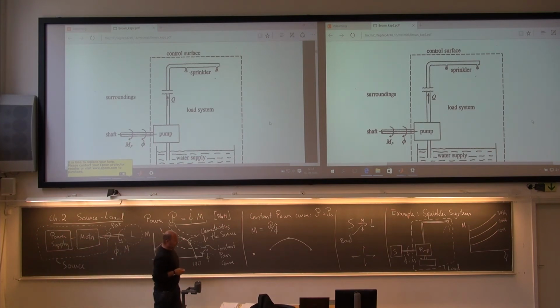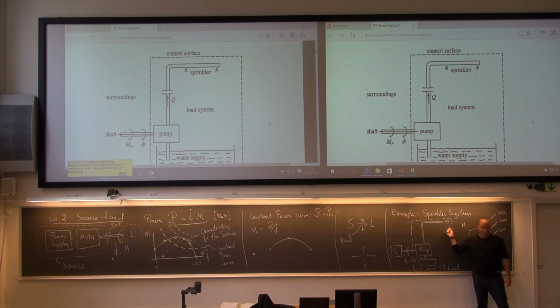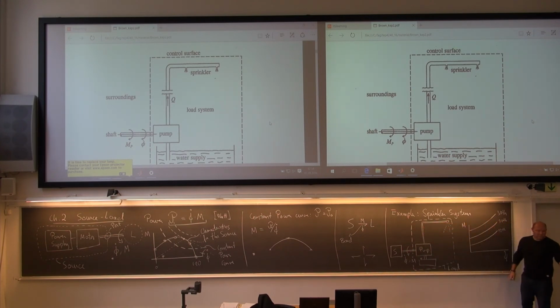And as you can see, to get things started at all, at zero rotational speed, we're actually requiring a lot of torque just to get the pump to go around. And then if you need a lot of water, a certain volume flow, 10 liters per second, 50 liters per second, I don't know, then you need a high rotational speed, then you need even more torque to do this.